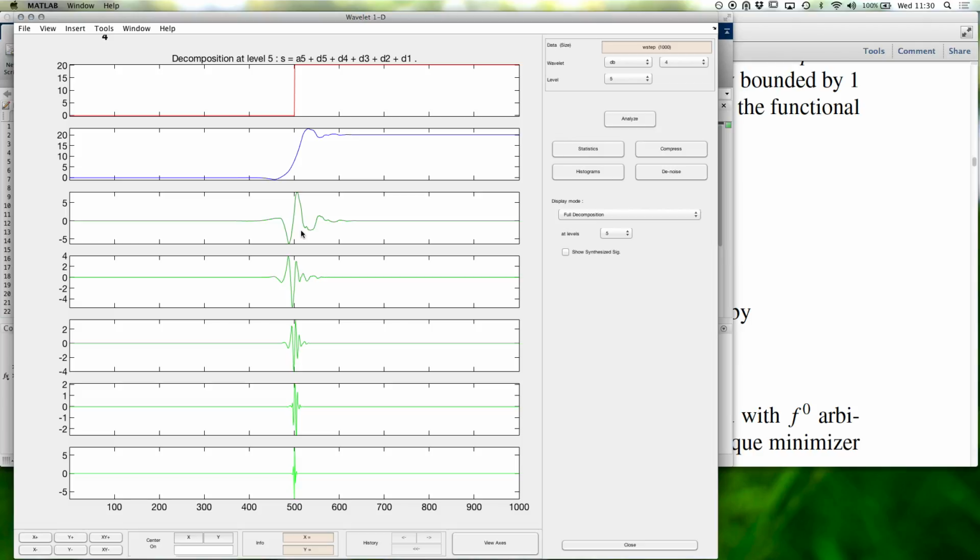But now, this is to give you an idea that for one-dimensional signals, the wavelet transform will divide the signal into independent parts containing details of a certain size. At the bottom, the smallest details, and the details always have the same shape.